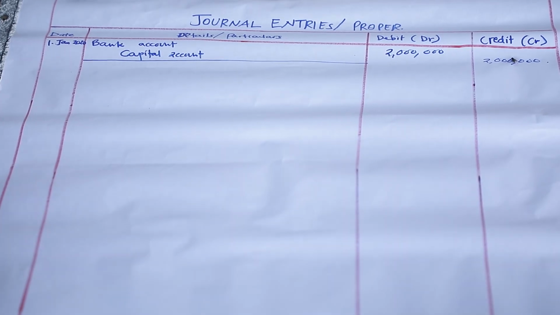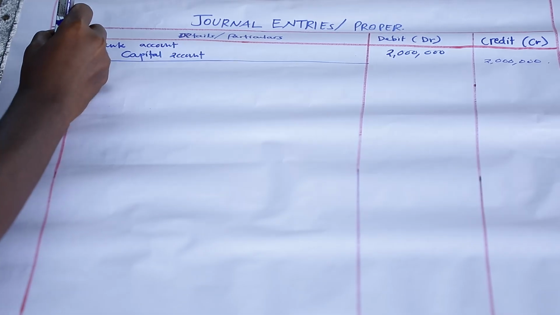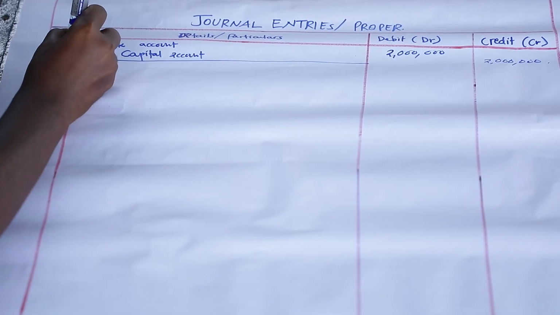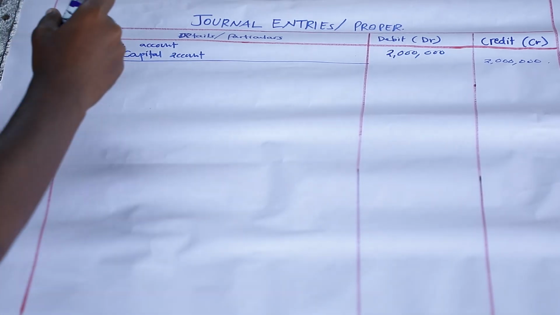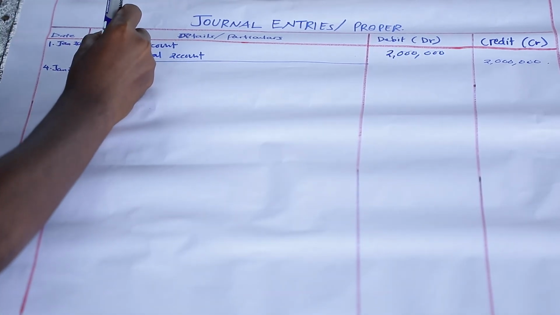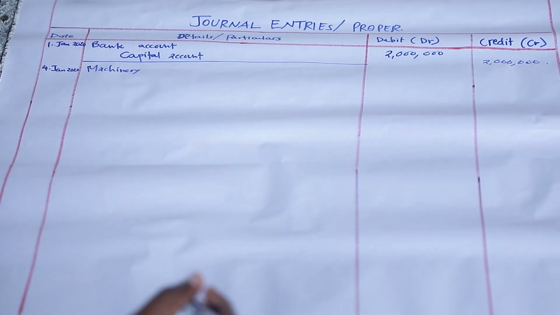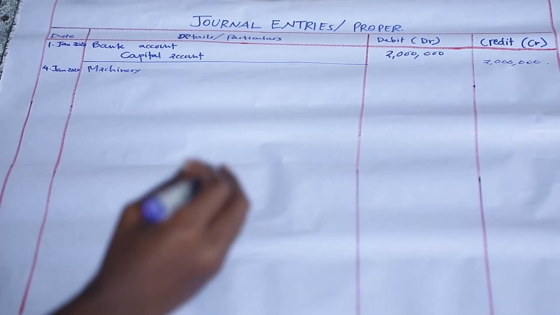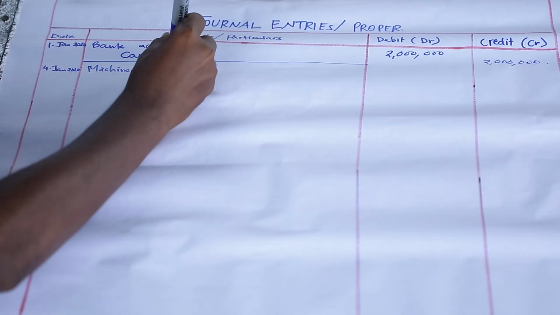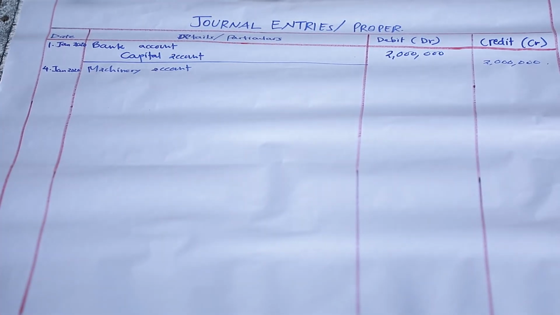So on 4th January we're going to debit the machinery account. Some students, instead of writing machine, write purchases. We just write purchases if it's the purchase of goods, but when purchases relate to a certain product, we should write that product's name.